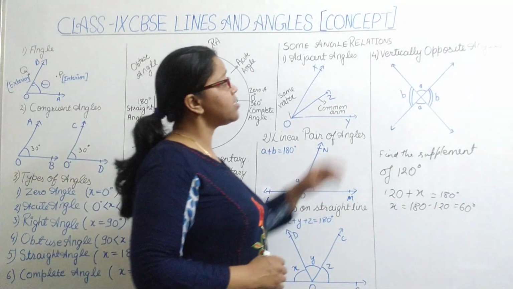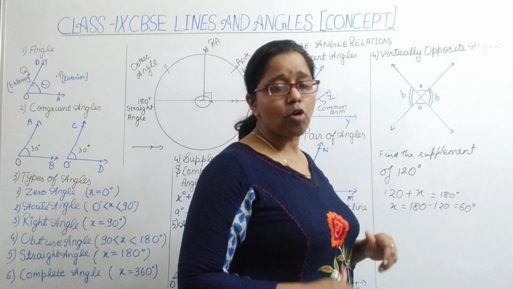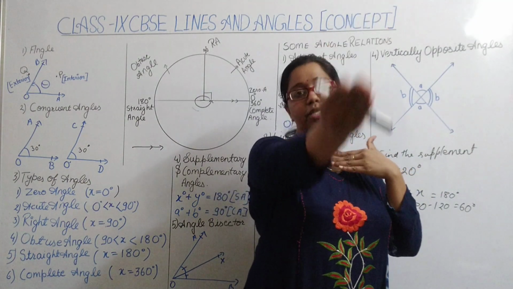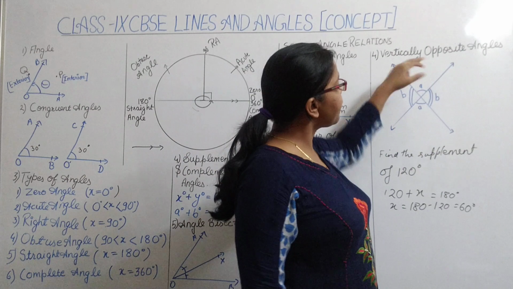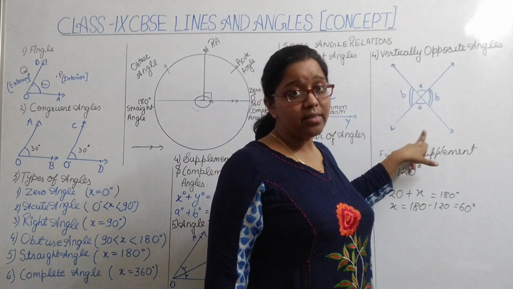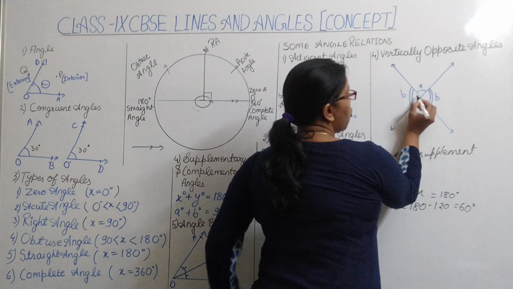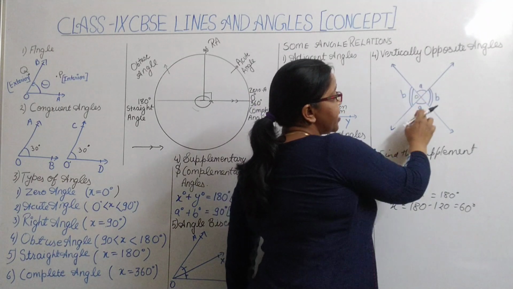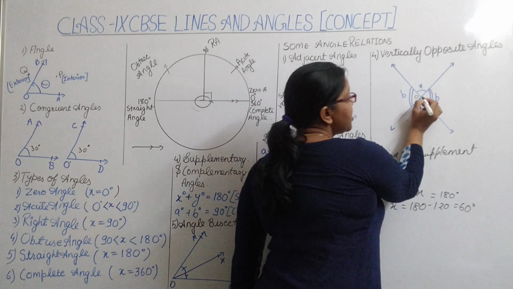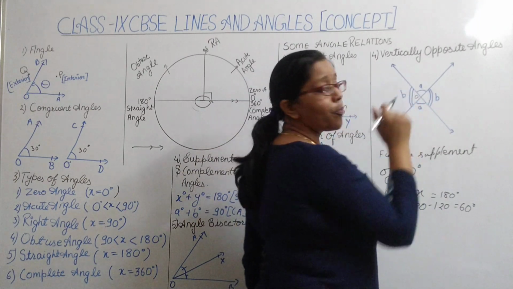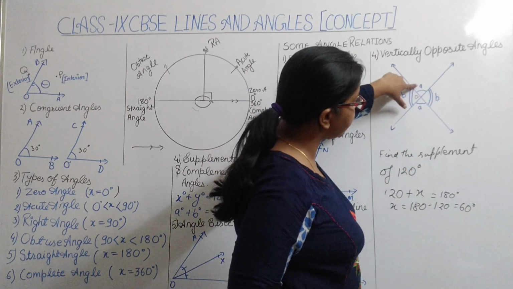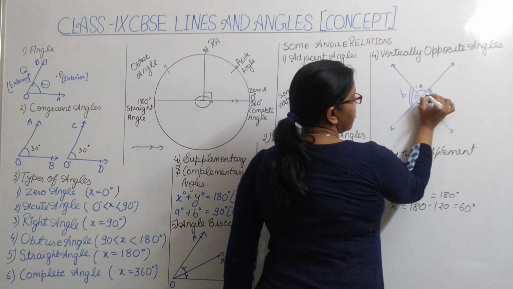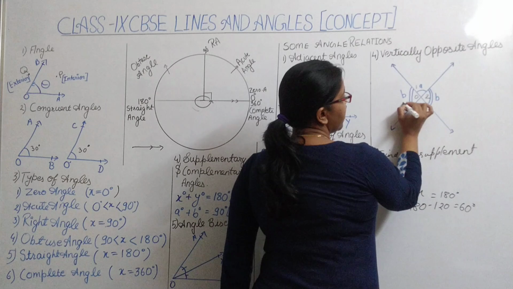Now the next is vertically opposite angles. Opposite means just opposite to you. If you have two lines intersecting at a point O, then at this point O we have two pairs of opposite angles. Let us assume these are 1, 2, 3 and 4.